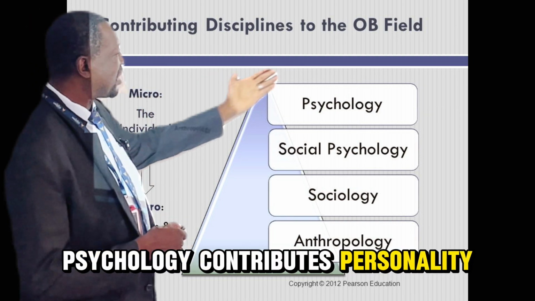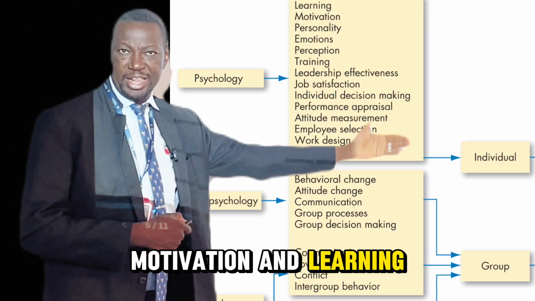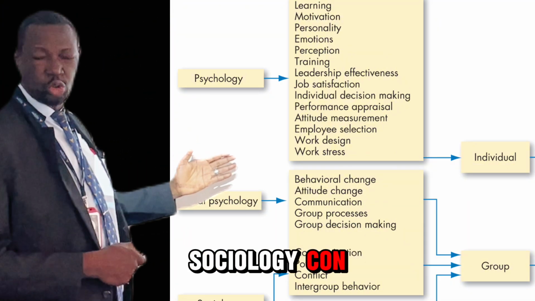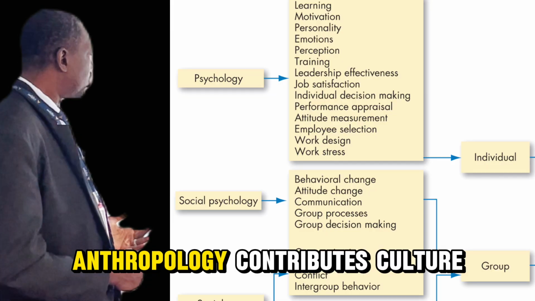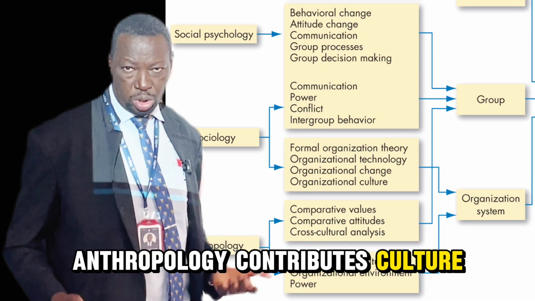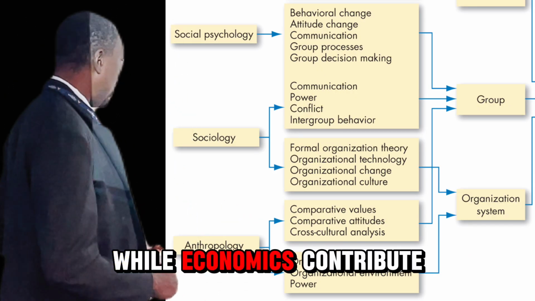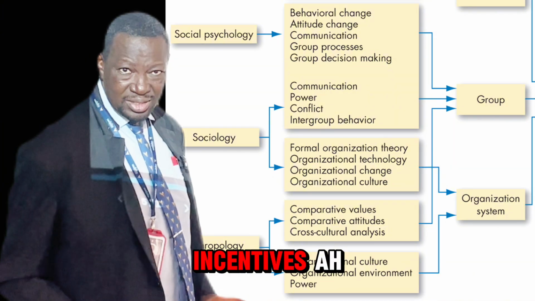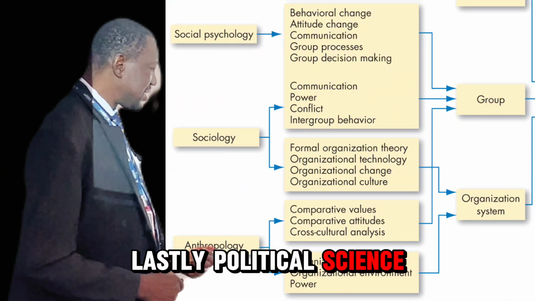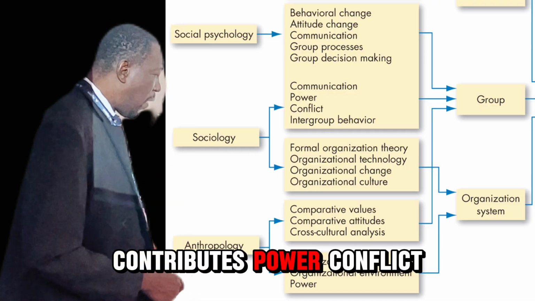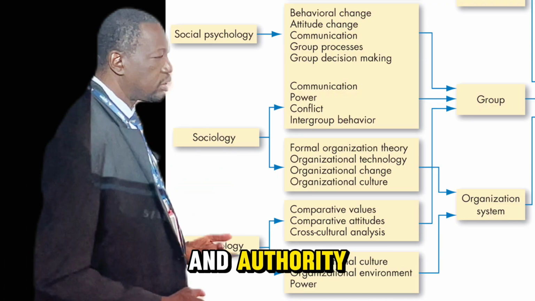Psychology contributes personality, motivation, and learning. Sociology contributes group dynamics and the organization. Anthropology contributes culture and values, while economics contributes incentives and decision making. And lastly, political science contributes power, conflict, and authority.